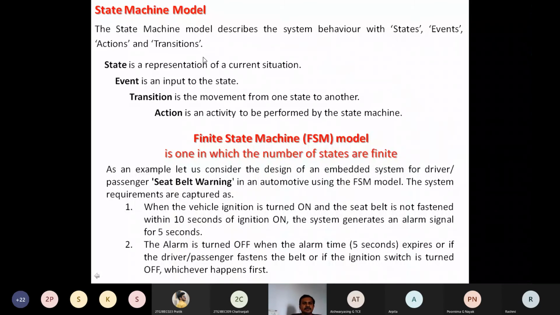In a car, we want to implement one alarm warning system. It is used for only one object, that is the seat belt. So how are we going to write, or design, the hardware and software for that requirement, the seat belt warning system?